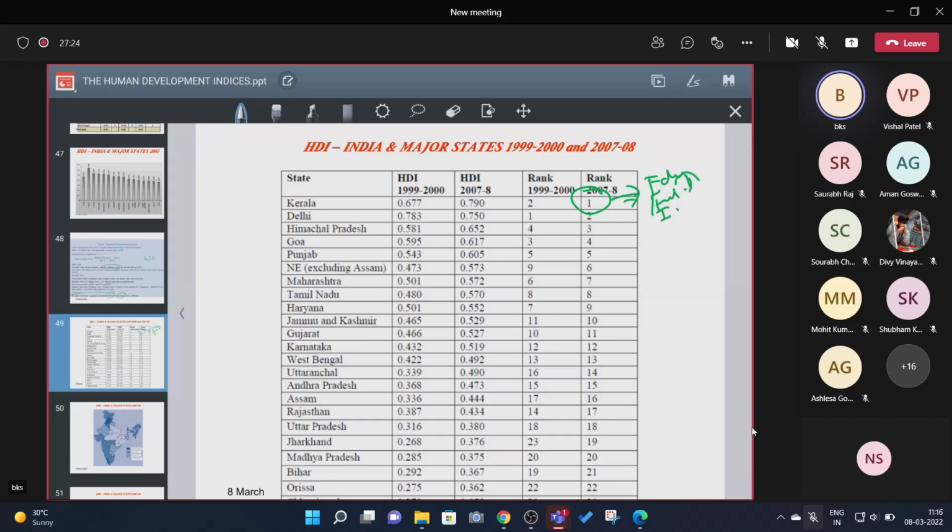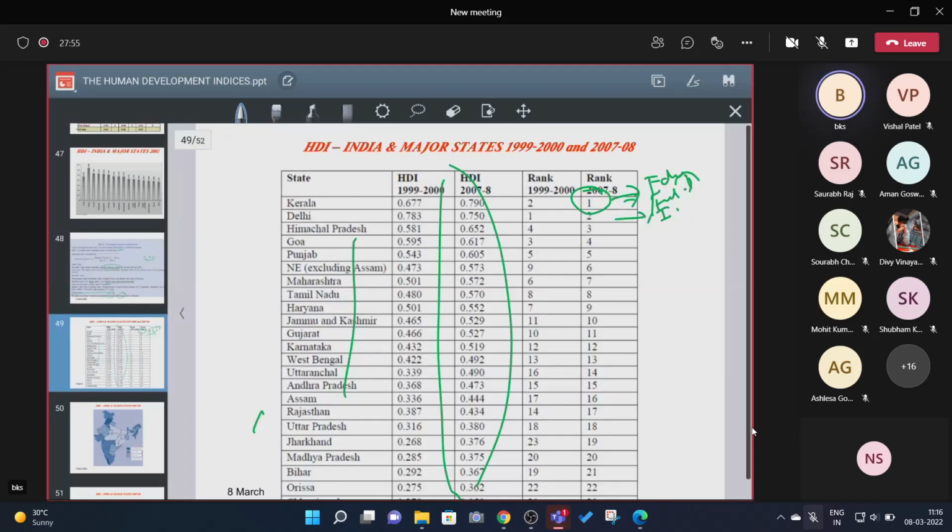Because we are assuming perfect substitutability among these dimensions, it has achieved a rank of 1. Then followed by Delhi. In case of Delhi, the income index is mostly driving the HDI, and so forth. So you can see the other states here and their rank and the HDI values.